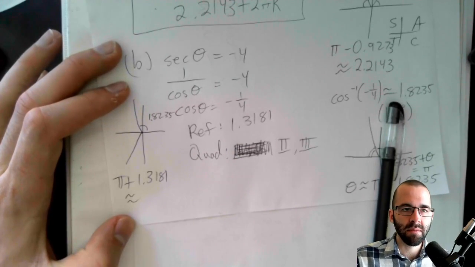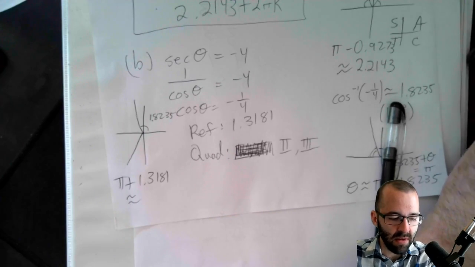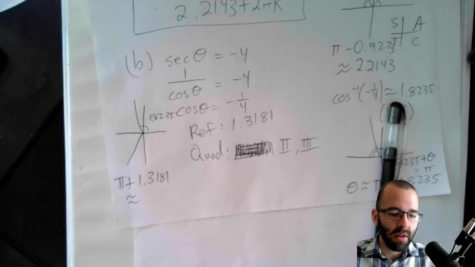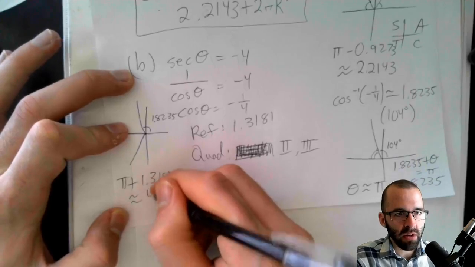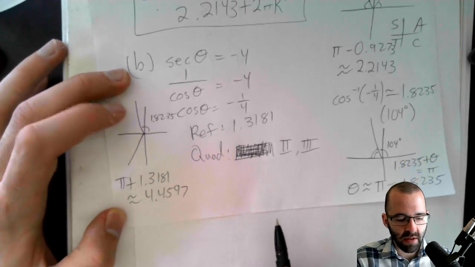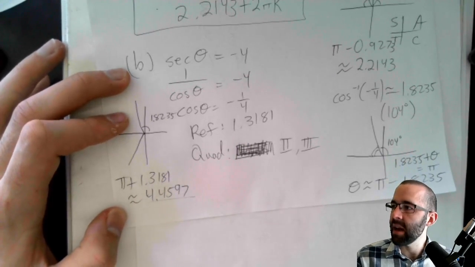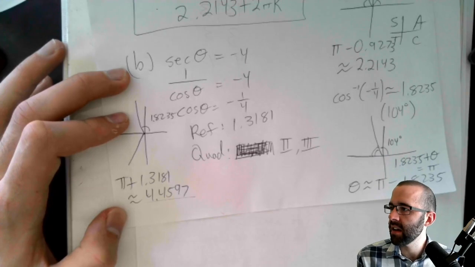Okay. So what does that give us? That gives us about 4.4597. So we found the angle in the second quadrant. We found the angle in the third quadrant. Now we just need to add the plus 2 pi k.